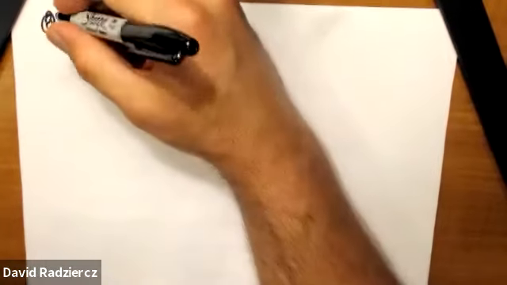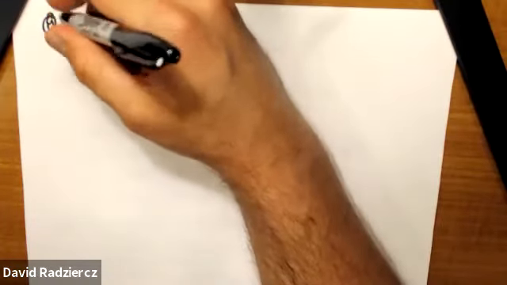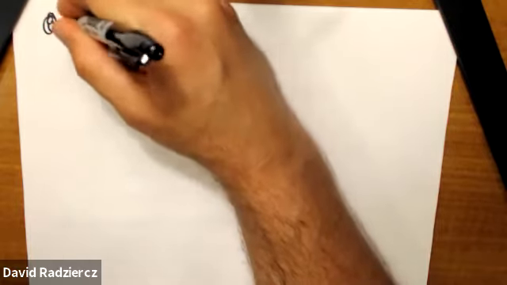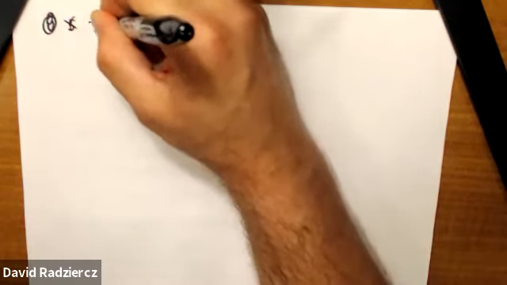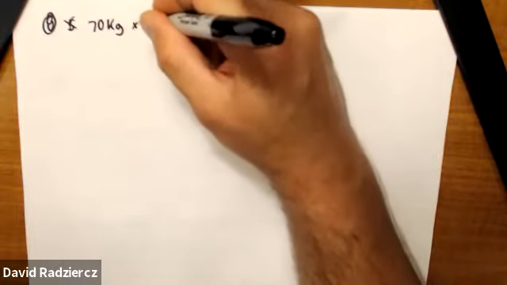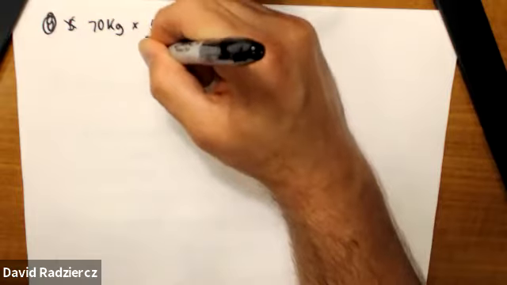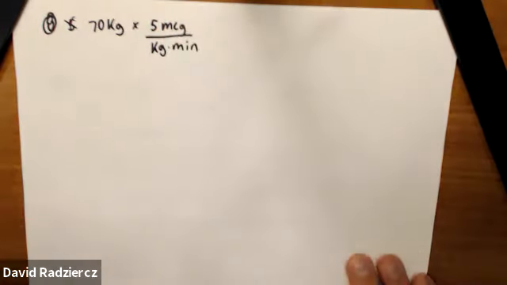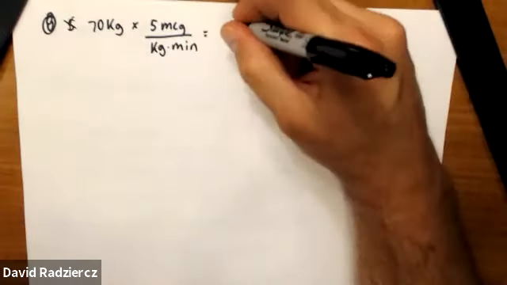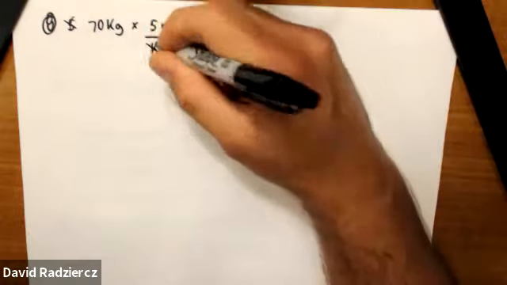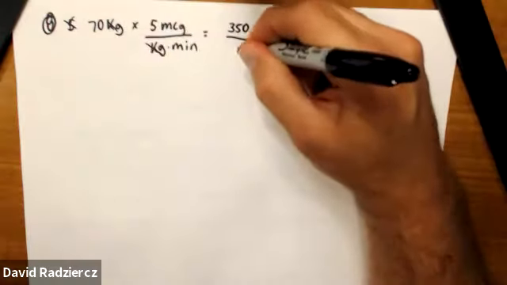So we have the patient weight is 70 kilograms, and we're going to multiply by the order, which is the 5 micrograms per kilogram per minute. 70 times 5 is going to be 350 micrograms. Got rid of kilograms, so it's per minute.